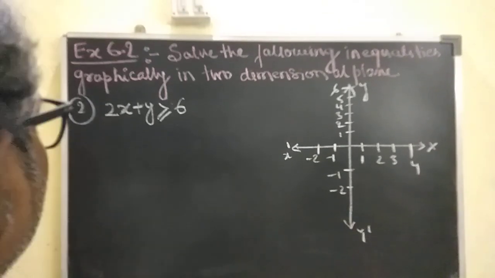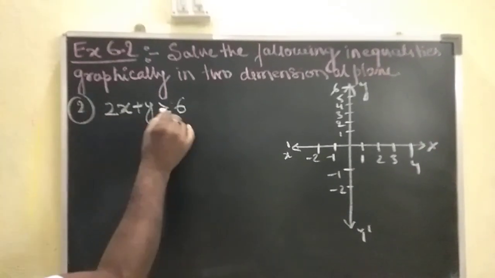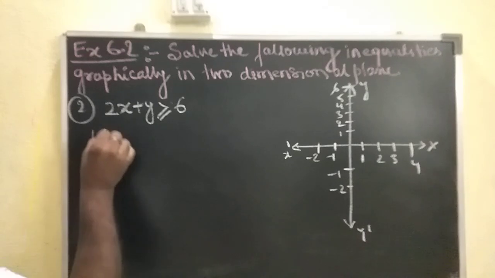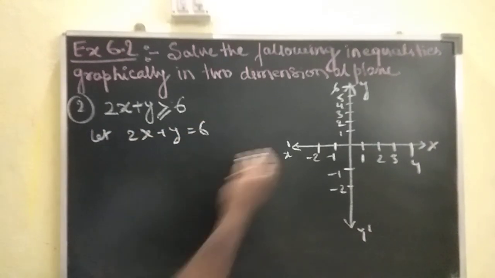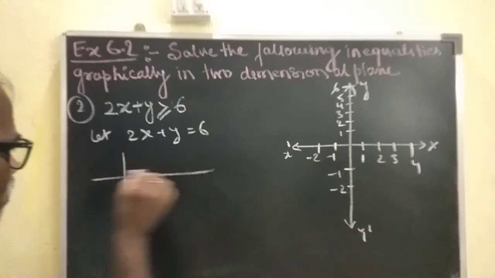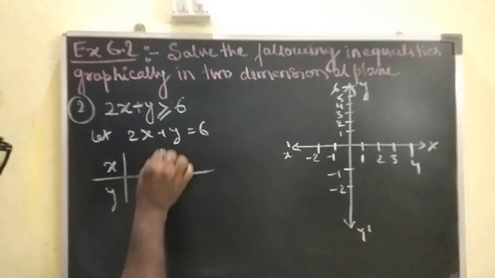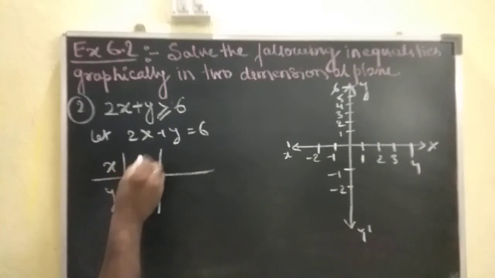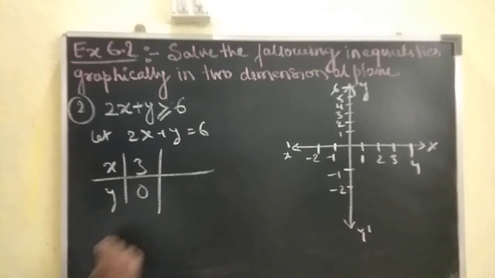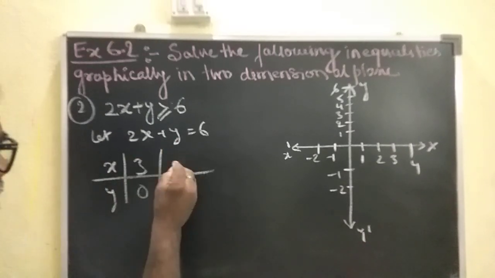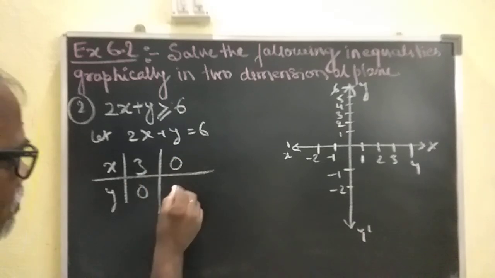Our next question is 2x plus y is greater than or equal to 6. Let here we get 2x plus y equals to 6. Now what we have to do here is find two points x, y. If x is 3, so 3 times 2 is 6, y equals to 0, and if x equals to 0, then y equals to 6.